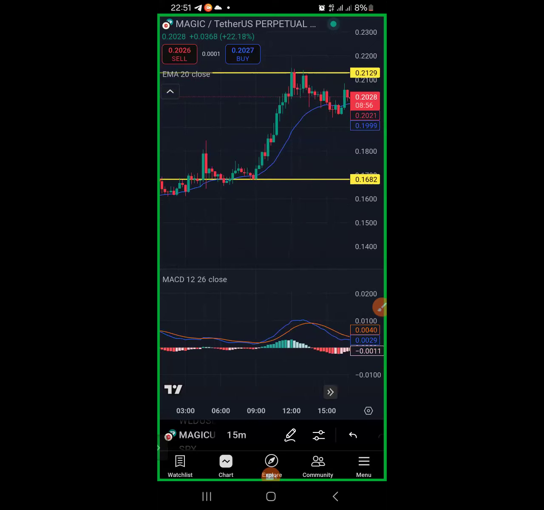In most cases, the market respects the formation of these candles, because these candles are a visual representation of what exactly is happening on the market.